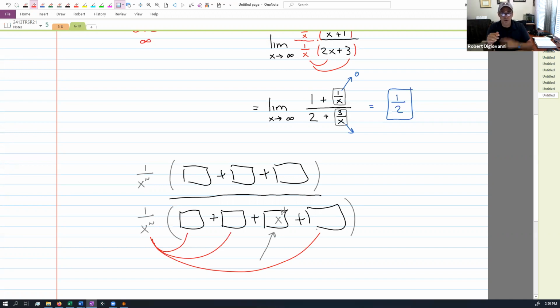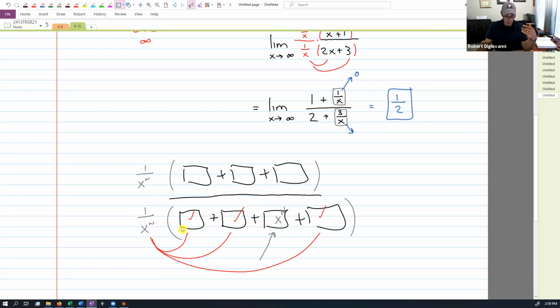On just the red ones, we're going to get 0. Well, after the limit, won't we? But when we do the algebra through here, because this is the highest power of x, all of these, this one, and this one, when we multiply through, will all wind up having an x in the denominator. Because we're going with the highest power of x, these would all have powers that are less than that.